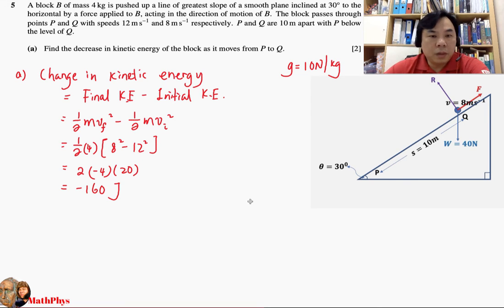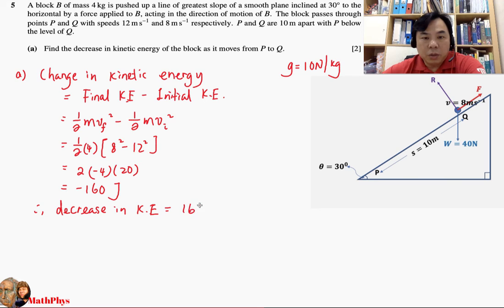So there will be a change of negative 160 joule of kinetic energy. This negative signifies a decrease in kinetic energy. Therefore, the decrease in kinetic energy is equal to 160 joule. I hope that is clear at this point.